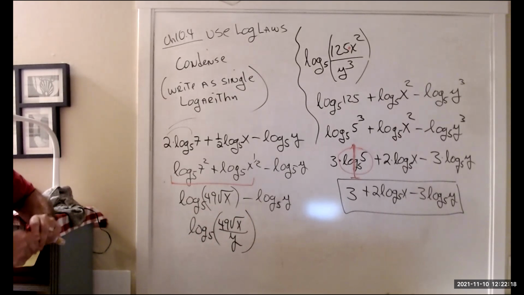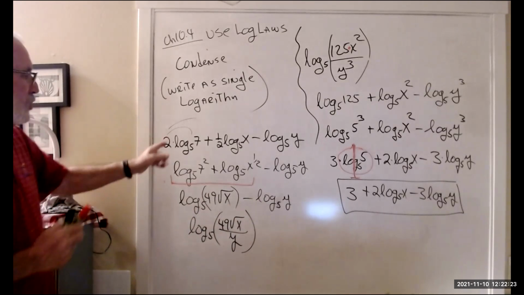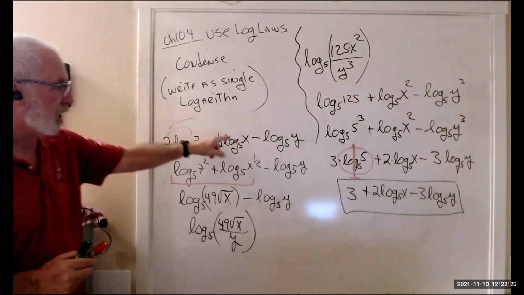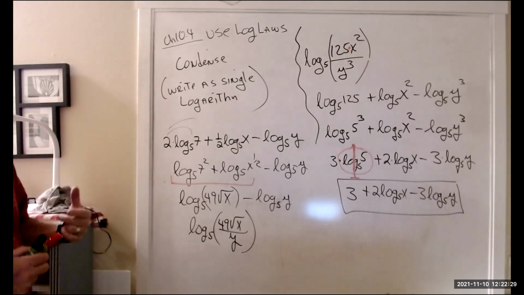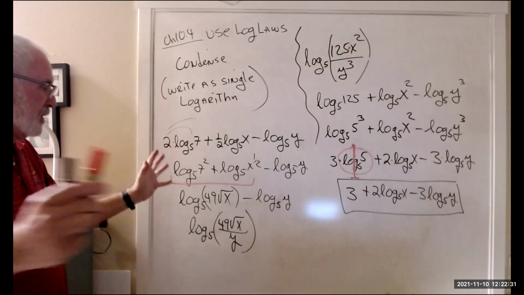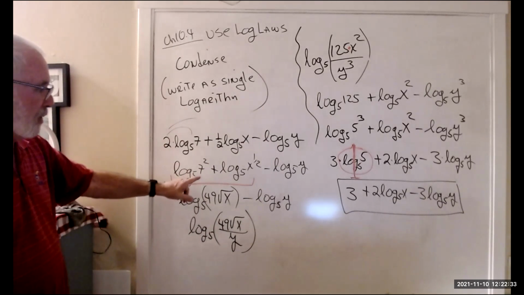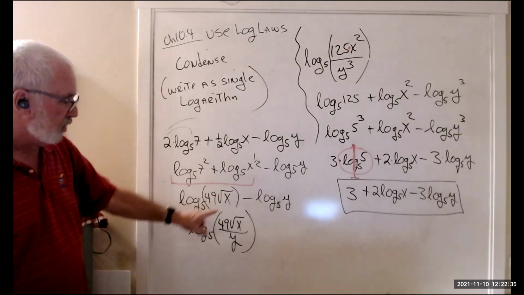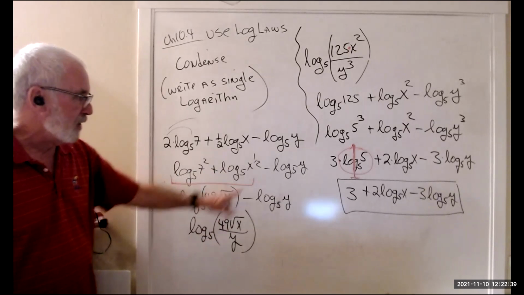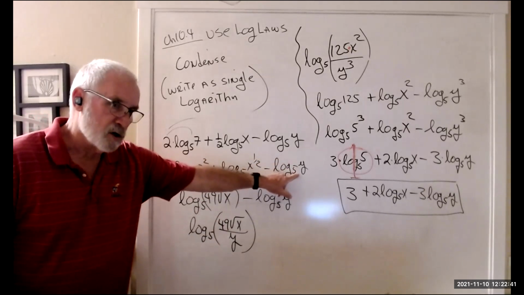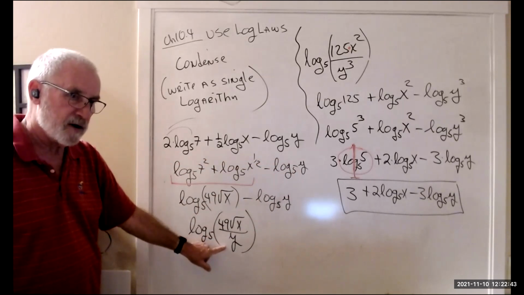Okay. Now, the game is once you've moved the power up, most people will just say, when I'm condensing them, the positive logs show up in the numerator and the negative log shows up in the denominator.